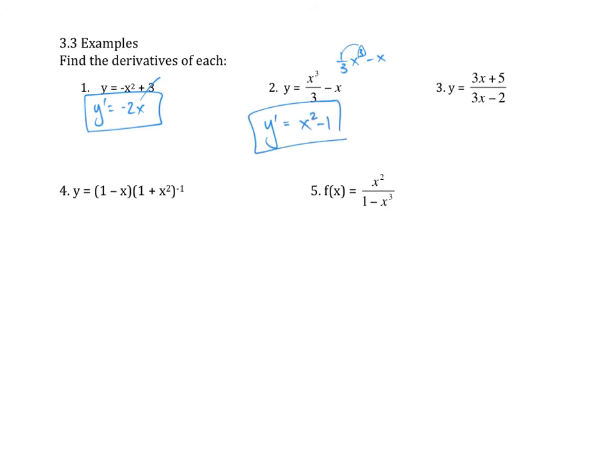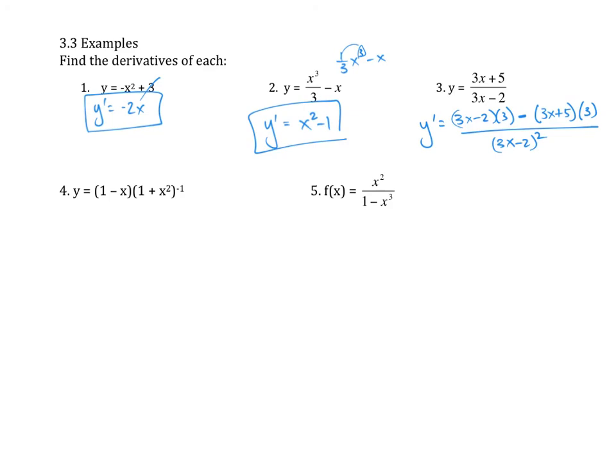Over here, I would need to use the quotient rule. So for this one, we're going to say y prime equals the bottom times the derivative of the top, which is 3, minus the top, 3x plus 5, times their bottom, which is just 3 again, over this bottom squared.